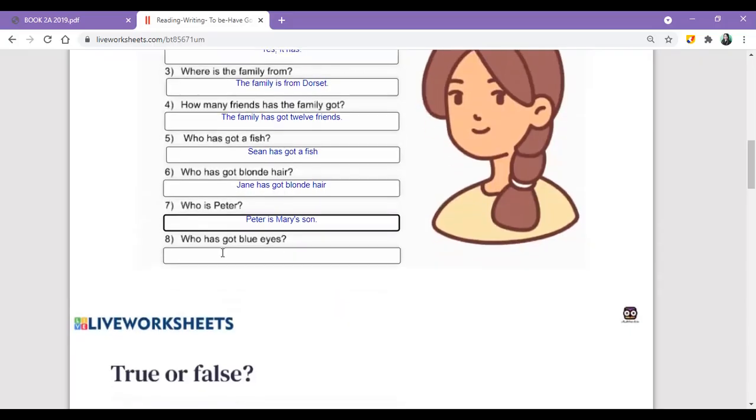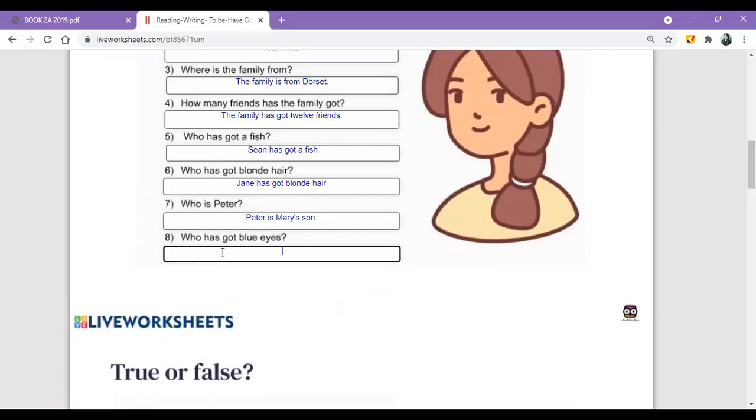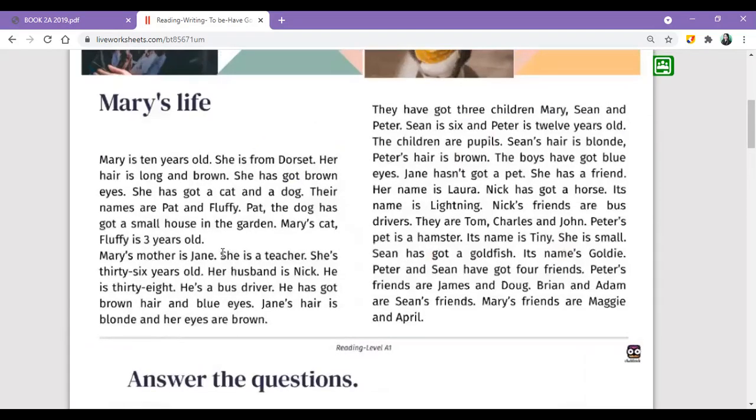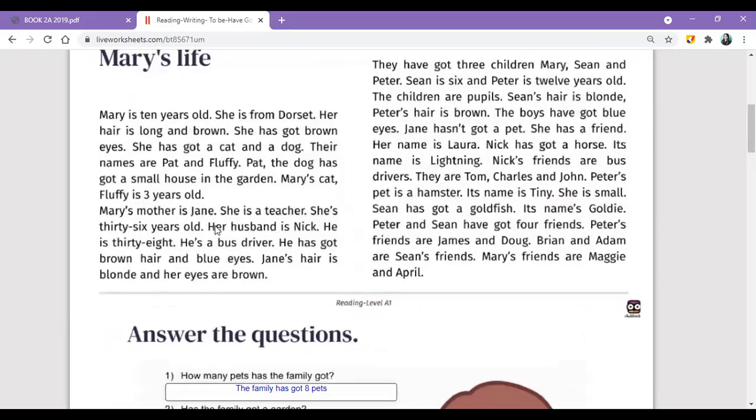Who has got blue eyes? I don't remember. You don't remember? Okay, a lot of people. But here, look at here. It says her husband is Nick. He is 38 and he is a bus driver. He has got brown hair and blue eyes. Very good, blue eyes.